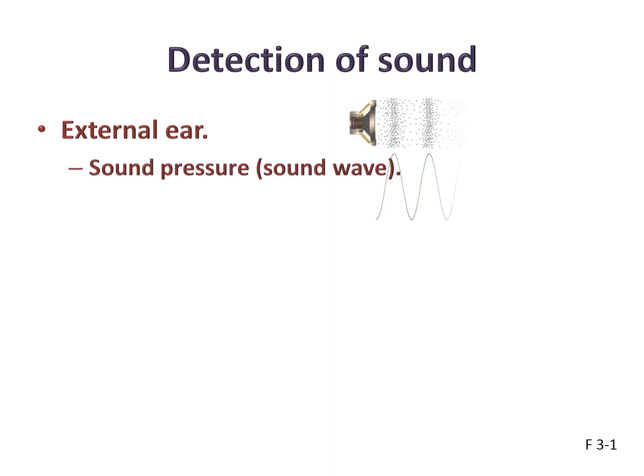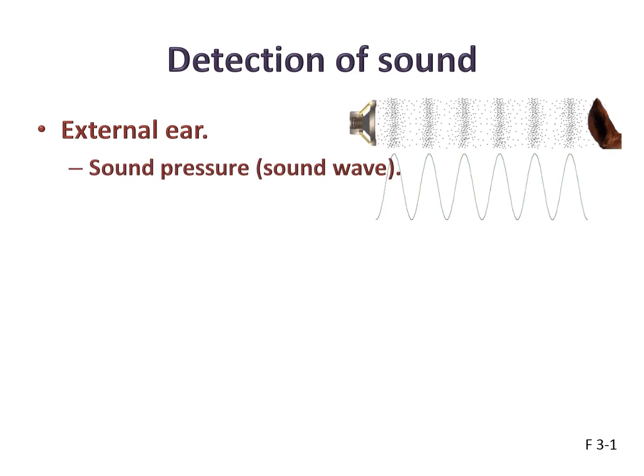Sounds travel through the air in the form of a sound pressure wave, which is of different lengths depending on the frequency of the sound. These waves are picked up by the external ear and guided by the pinna, or the visible part of the ear, which is mobile and has a function of funneling the sound in.